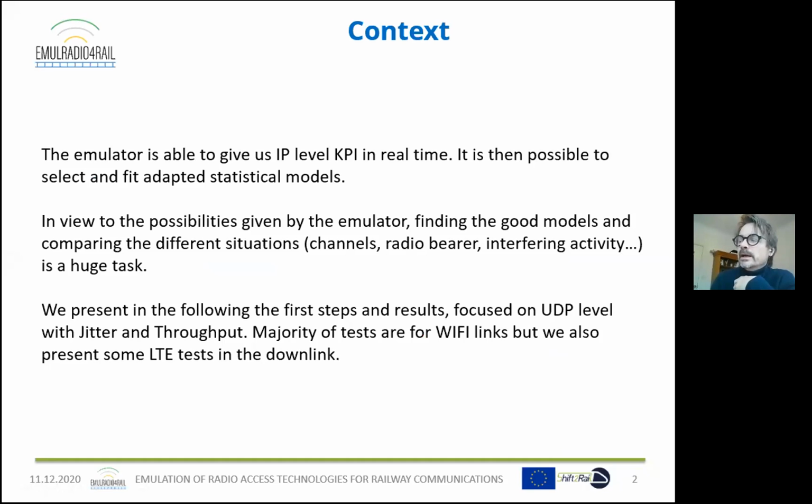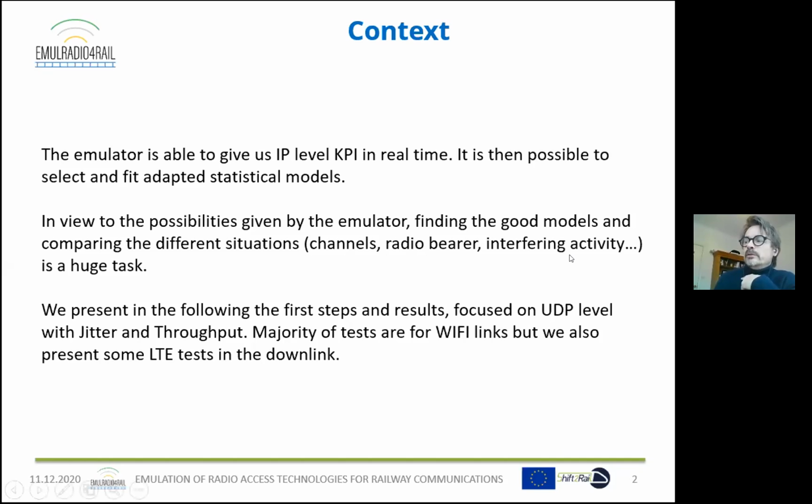So the idea behind is to find good statistical models for these KPIs. Of course, the task is huge because you have many channel models, many interference models, many scenarios. So it's quite difficult to address all these, and we have to go step by step. I will just present here the first steps we have proposed.